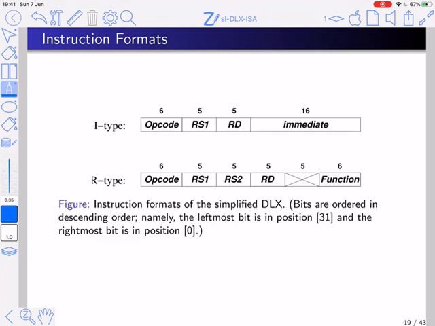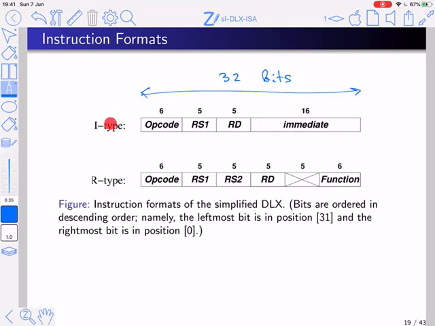The instructions in the simplified DLX come in two types. There is the I type and the R type. Each instruction is 32 bits long, always. Now, the partitioning of these 32 bits into fields is different in the case of an I-type instruction and in the case of an R-type instruction.